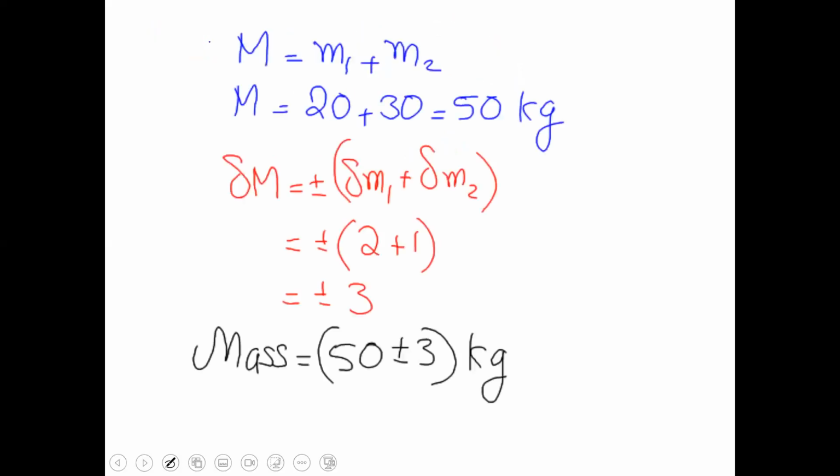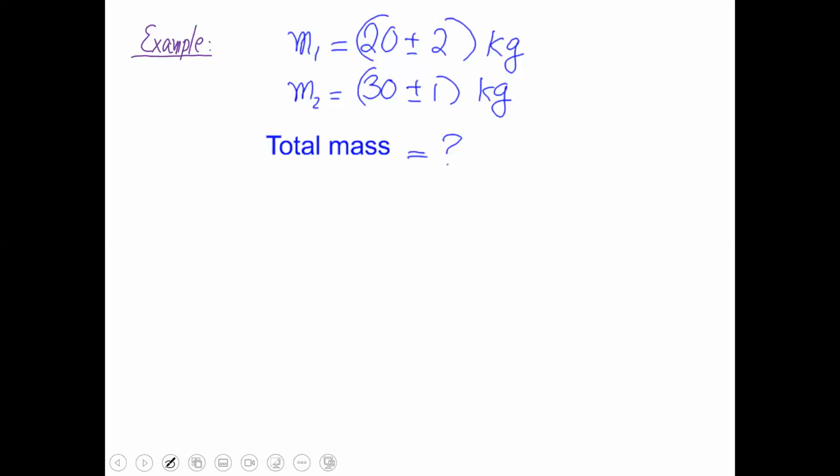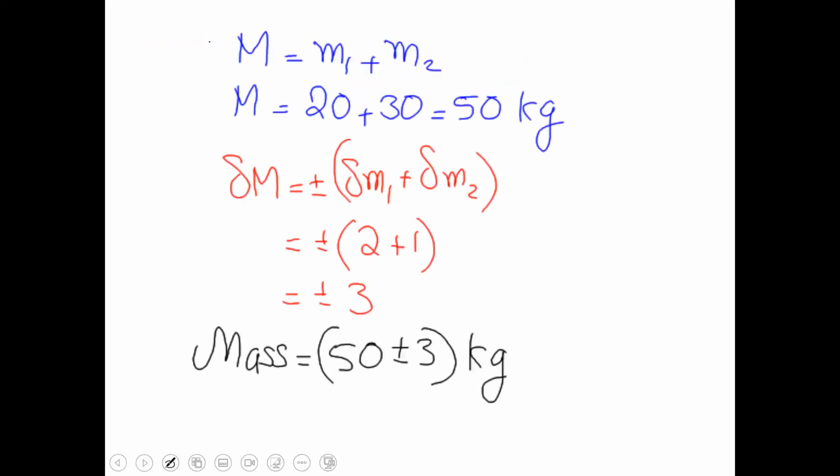Now see the working. The working is simple. Add the masses separately and add the uncertainties separately, and you will get the final answer. When you are adding the two masses, I repeat the concept: add up the numbers separately and add up the uncertainties separately, and in the end, combine them.